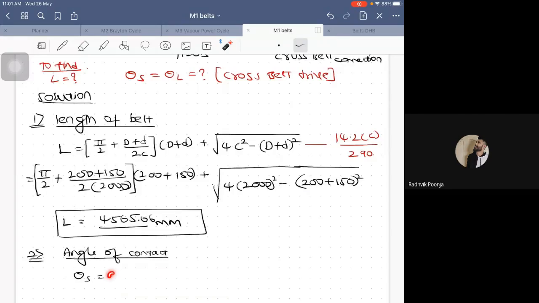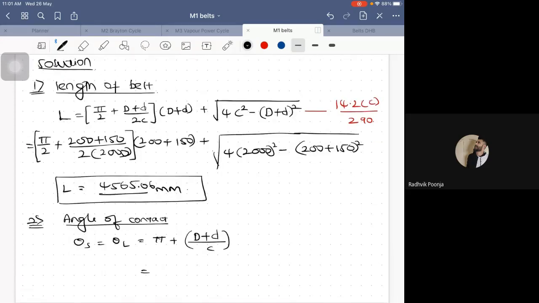Theta s is equal to theta L is equal to pi plus capital D plus small d divided by C. So that is equal to pi plus... Now remember, whatever value you get, you will get it in radians. So theta s is equal to theta L is equal to dash radians.